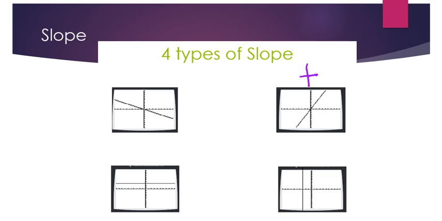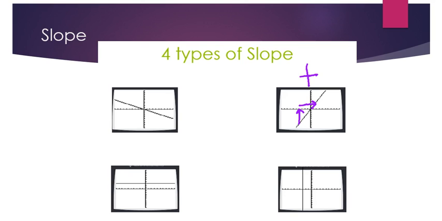See, the line is moving up in a positive direction and to the right in a positive direction. That's when you'll have a positive slope, when it looks like you're going up the hill.